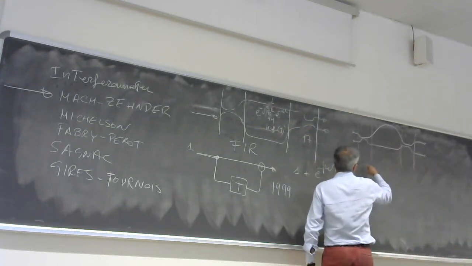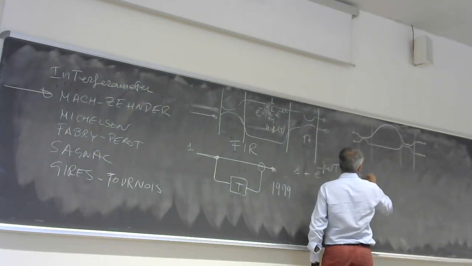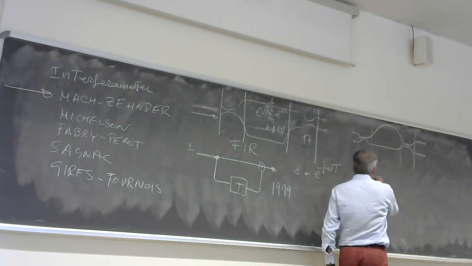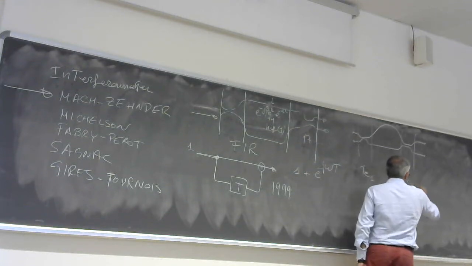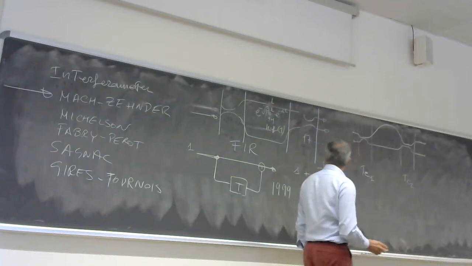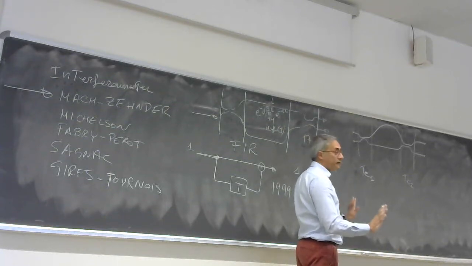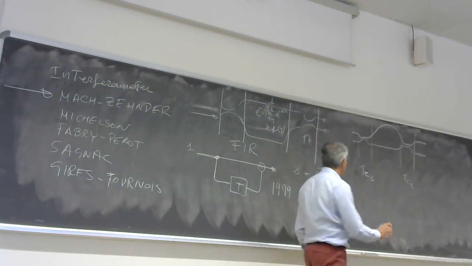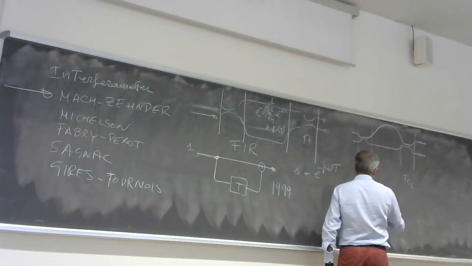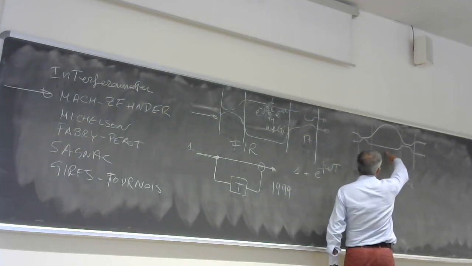So we know it very well. This one, well, it's not the case that I rewrite it again. In general, they can be different, even though we know that the couplers should be 50-50, so it is 1, minus j, 1.